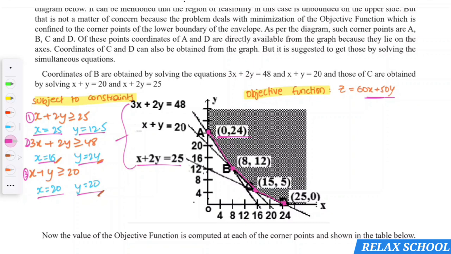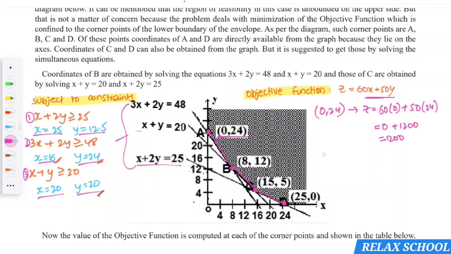So let's write one by one. 0, 24 if we take as our first coordinate, z is equal to 60 into 0 plus 50 into 24. So this would become 0. 50 into 24 is 1200. So this is becoming 1200.